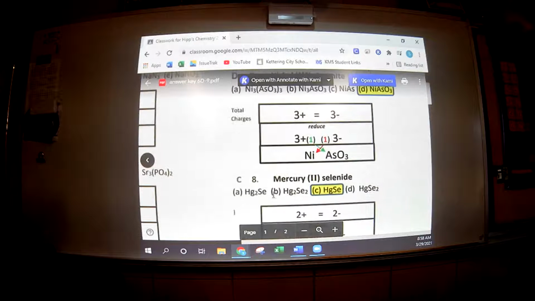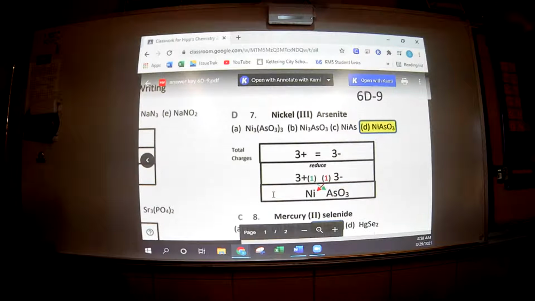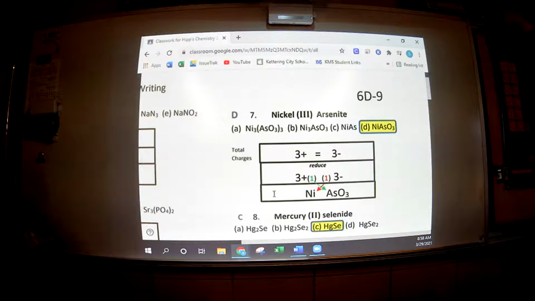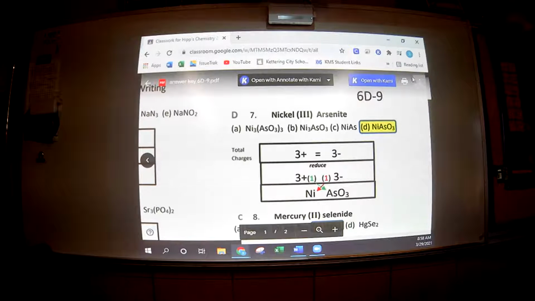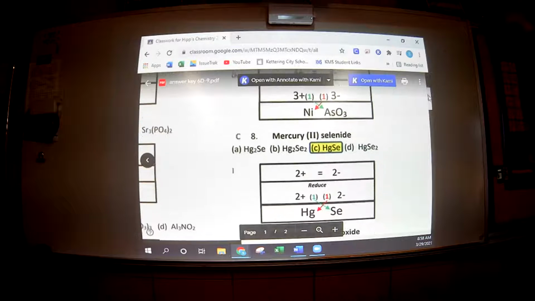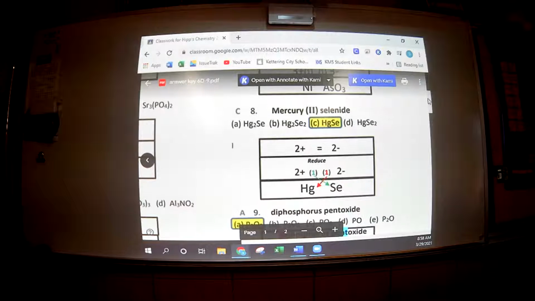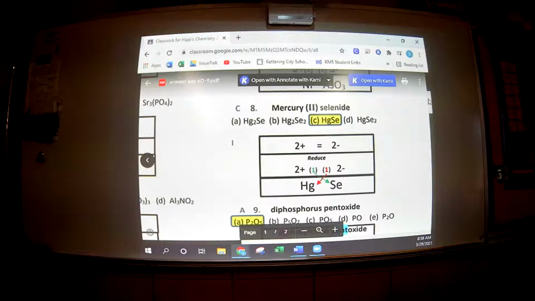How about number 7? Take a look at it. See if you understand it. Did we do number 7 in class as an example? What about number 8? You guys are very comfortable with this stuff?